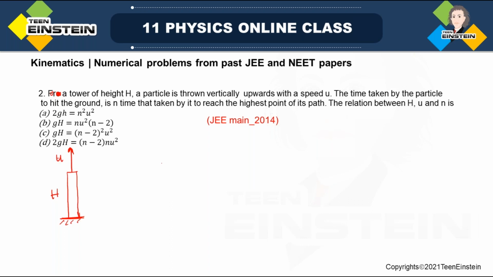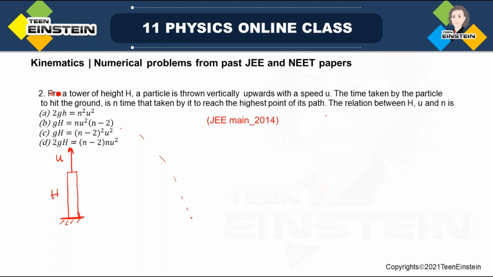The time taken by the particle to hit the ground, that means it will come and hit the ground ultimately, is n times the time taken by it to reach the highest point of its path.